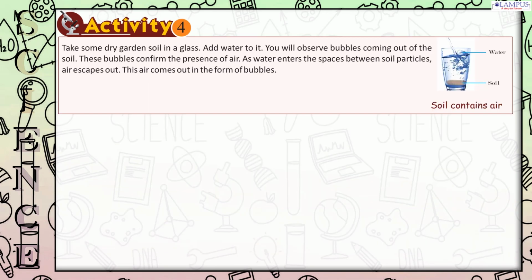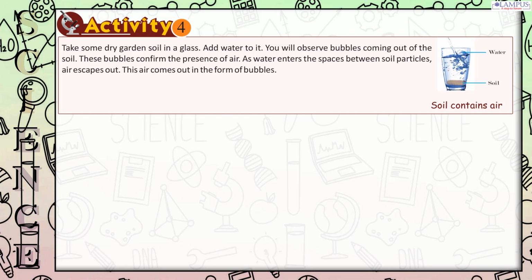Activity 4. Take some dry garden soil in a glass. Add water to it. You will observe bubbles coming out of the soil. These bubbles confirm the presence of air. As water enters the spaces between soil particles, air escapes out in the form of bubbles.